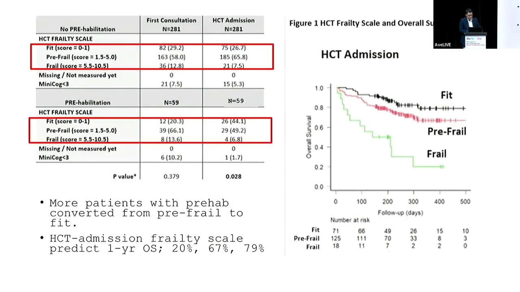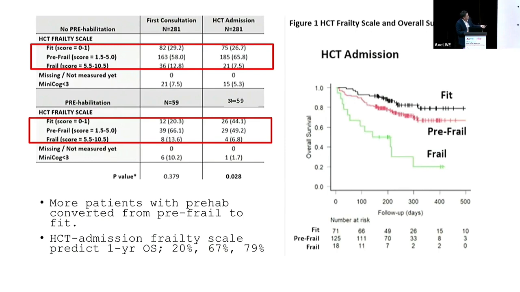I'd like to bring your attention to the right side first. Clearly, you can see that fit patients always do better than pre-frail patients, and the frail patients are really the poor performers, with overall survival dropping from 80% and 67% to 20% at 1 year. What is interesting, of course, this is not randomized, is that on the bottom here, more patients improved from pre-frail to fit after prehabilitation.